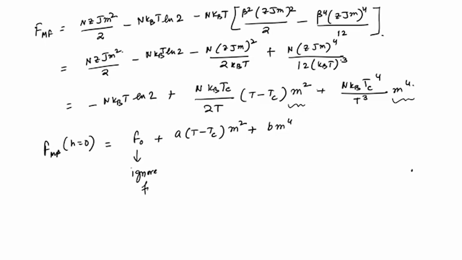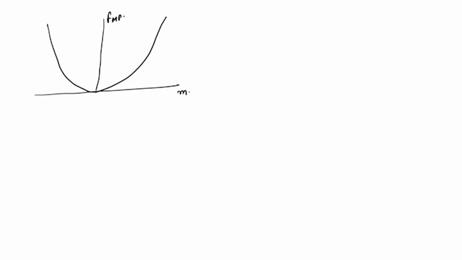So, ignore for now, and then we can draw this, again for h equal to 0. So, we will just do this F_MF. This is just a sketch, a freehand drawing, and we get a parabola for F_MF as a function of m for T greater than Tc, and you see that there is no magnetization here. m equal to 0 is the only solution for this problem.